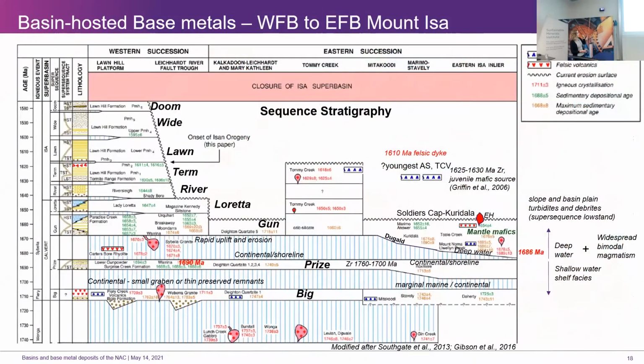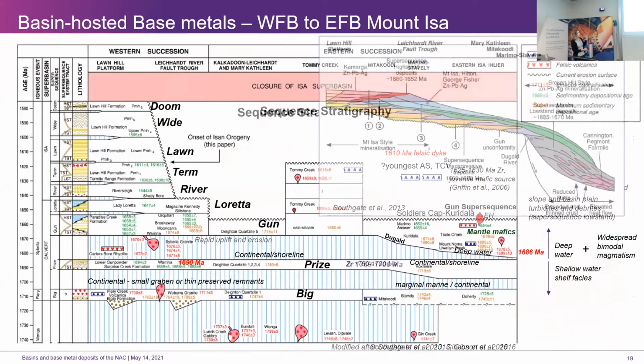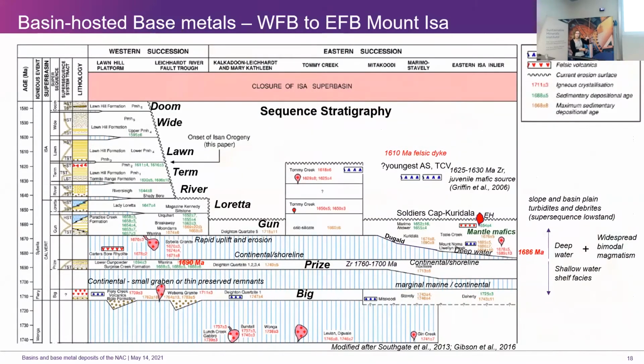Sequence stratigraphy, I don't want to get into in detail, but it's about the correlations, and it's about thinking about changes in sea level, where are the main unconformities, what's our accommodation space, what's happening to the crust that's either creating accommodation space or reducing it.